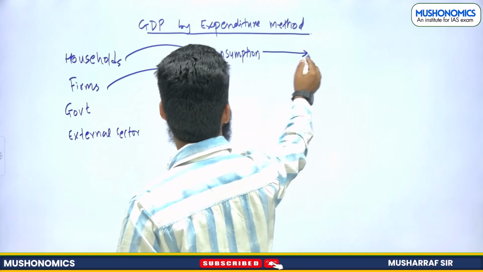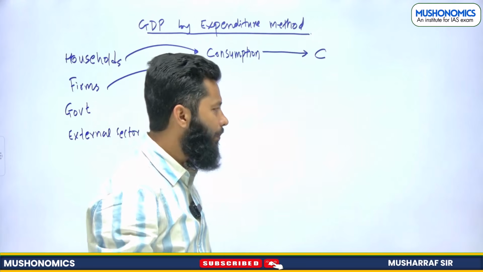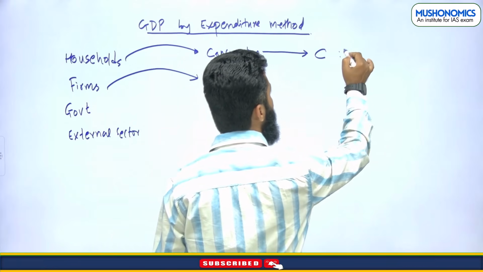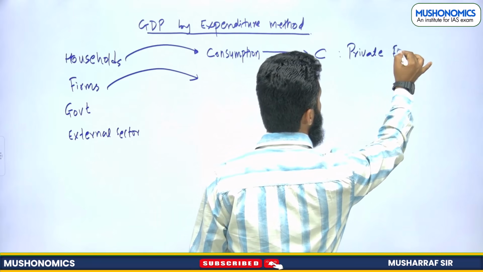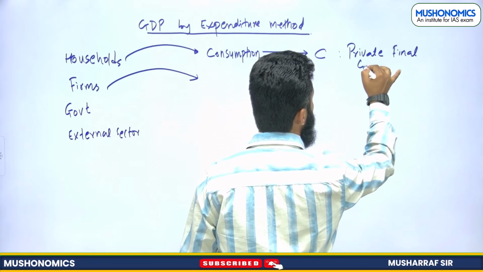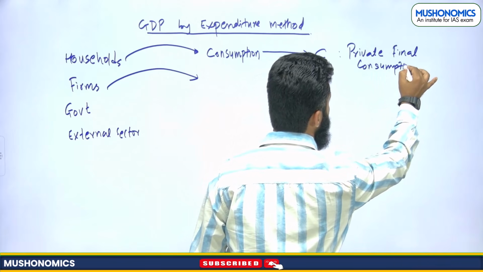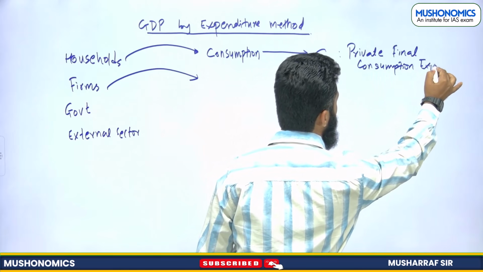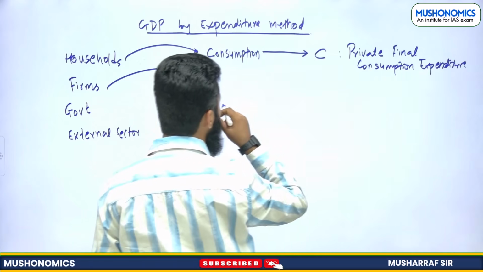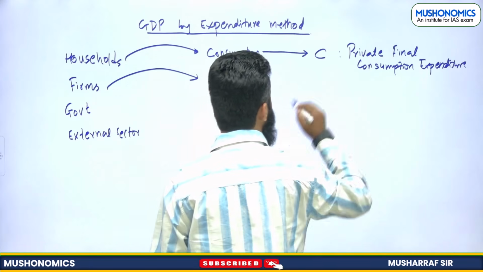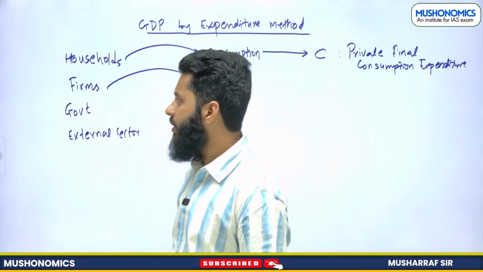This consumption is represented by C. More precisely, we call it private final consumption expenditure, PFCE. But as of now, let's call it consumption only. Private final consumption expenditure is the more precise term we use for consumption of households.